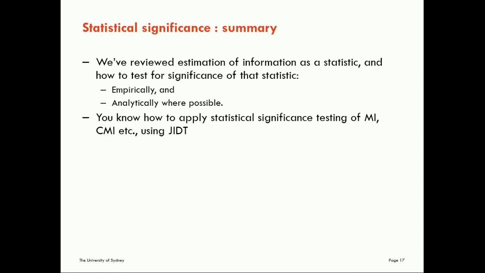So I've shown you how to apply statistical significance testing of mutual information, conditional mutual information, and other measures based on those using JIDT. So you should be ready to go and do that now and answer the question that keeps coming up about, when we get a small value, is it statistically different to 0 or not? You can do that now.